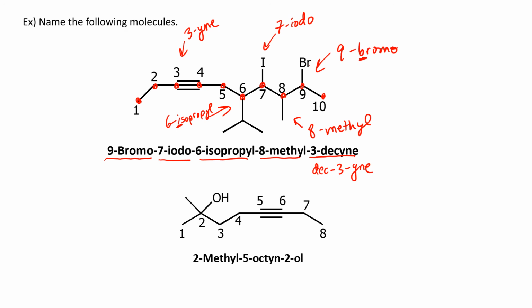For our next one, we've got an alcohol and an alkyne. So the alcohol takes priority, and we have to start numbering to give the alcohol the lowest possible number. So 1, 2, so that's a 2-ol. 3, 4, 5-yne, 6, 7, 8.